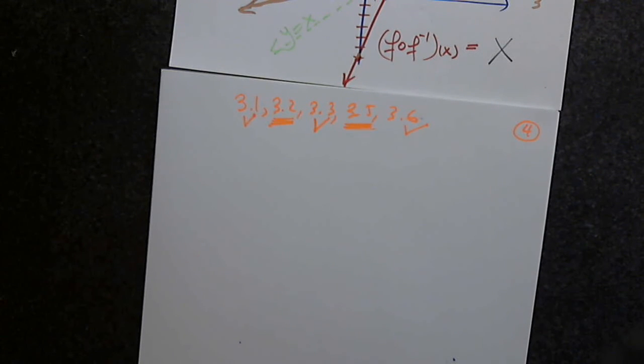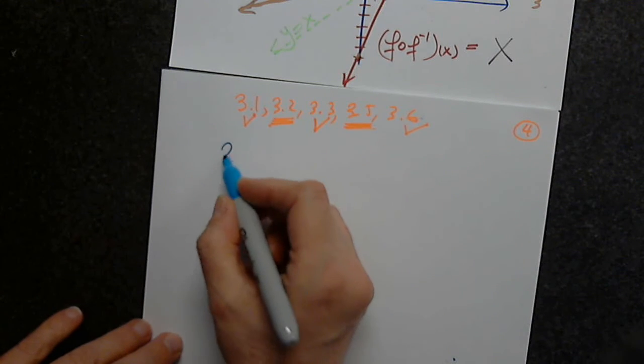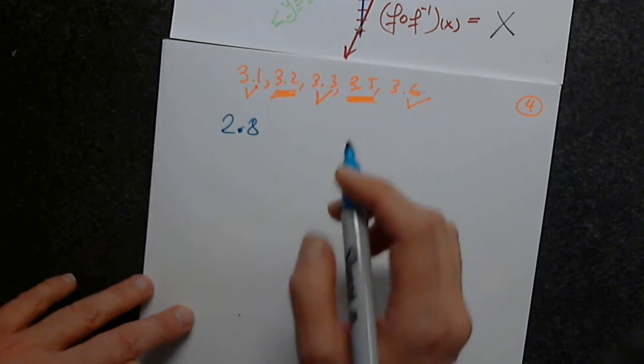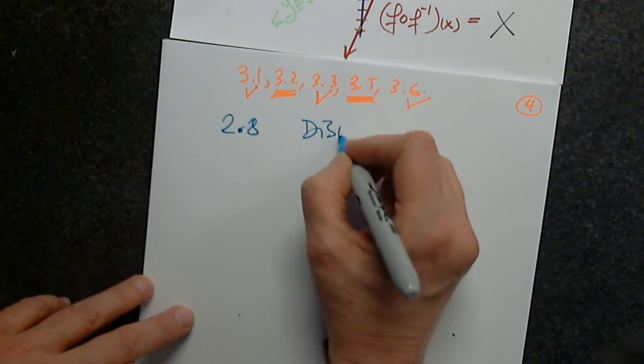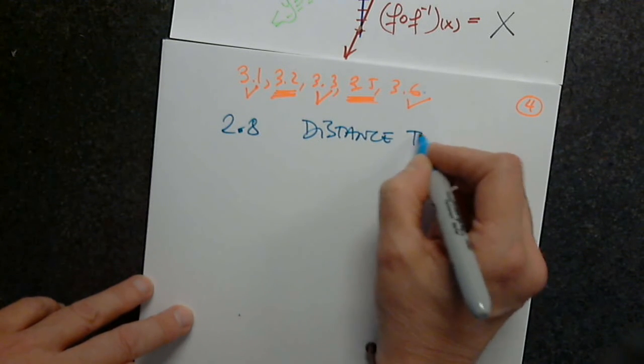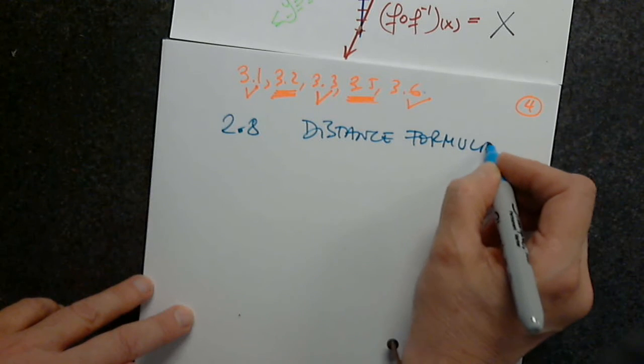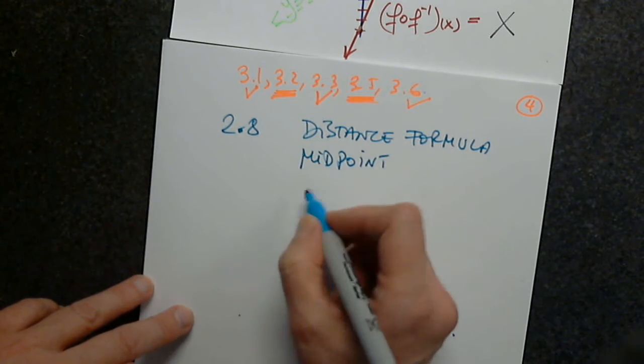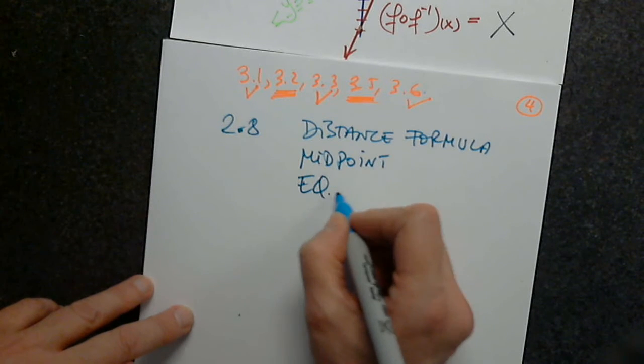Okay, so our final section, which I claim does not have much to do with the rest of the chapter, deals with a distance formula, midpoint, and the equation of the circle.